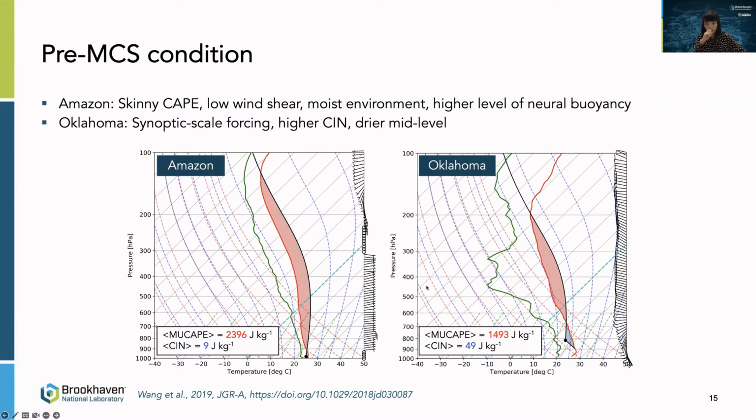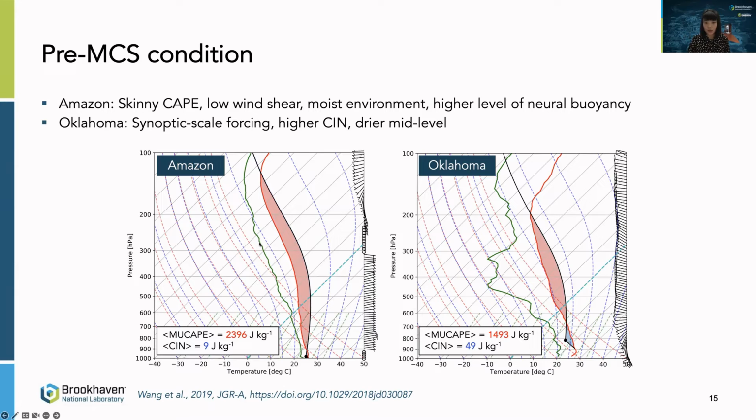Before digging too much into the quantitative comparison of the updrafts and downdrafts, we want to know the environment conditions that trigger these MCSs, and if they are similar or different between these two locations. So we did a composite of soundings that were launched within 6 hours prior to the MCS passages. We show the Amazon cases on the left, Oklahoma cases on the right.